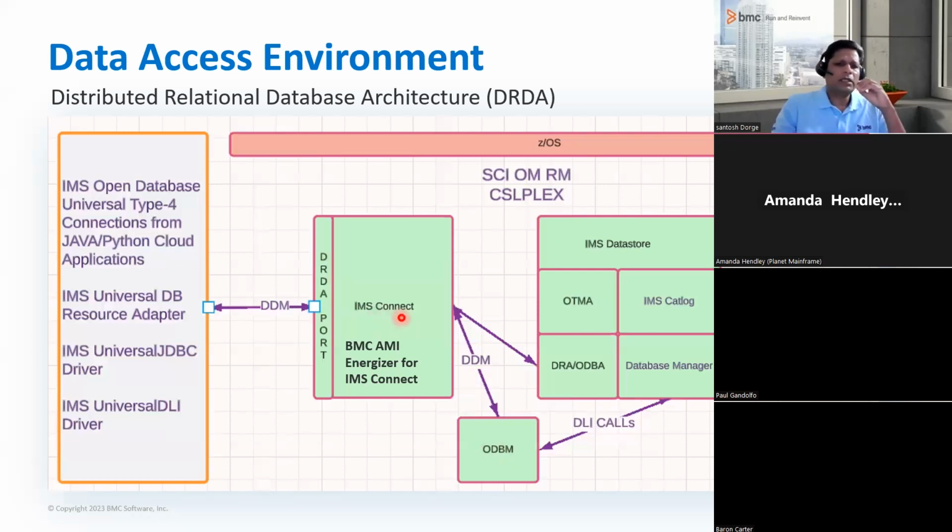It can route the incoming messages to the data store that is well equipped, or that has the resources defined to serve the request, or it can load balance as well between the multiple IMS data stores here.